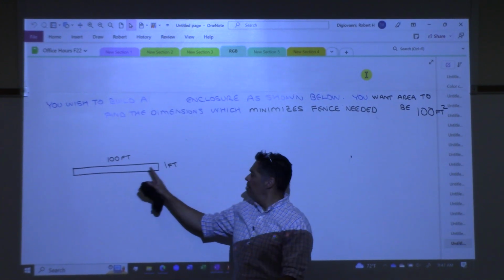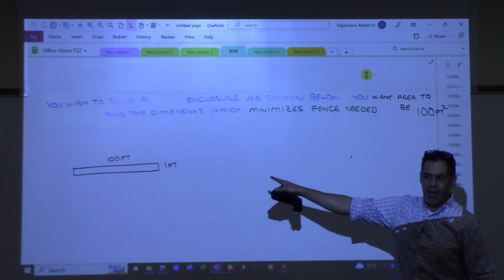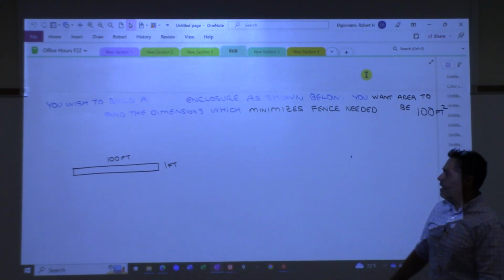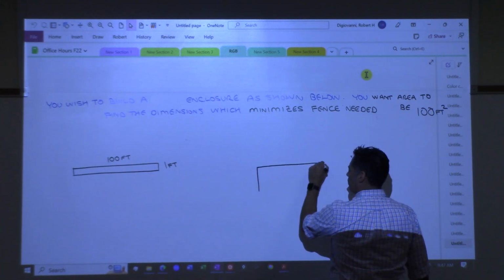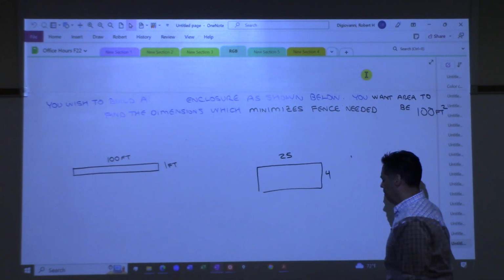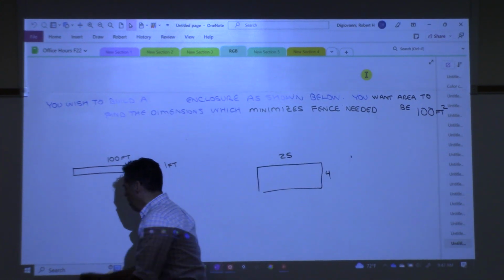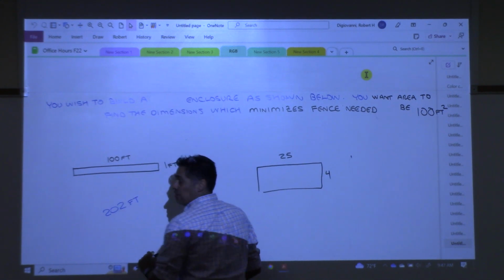I need 200 plus 1 plus 1. I needed 202 feet of fence to build that, didn't I? I could have done this, though. Right? So this right here required 202 feet of fence, right?